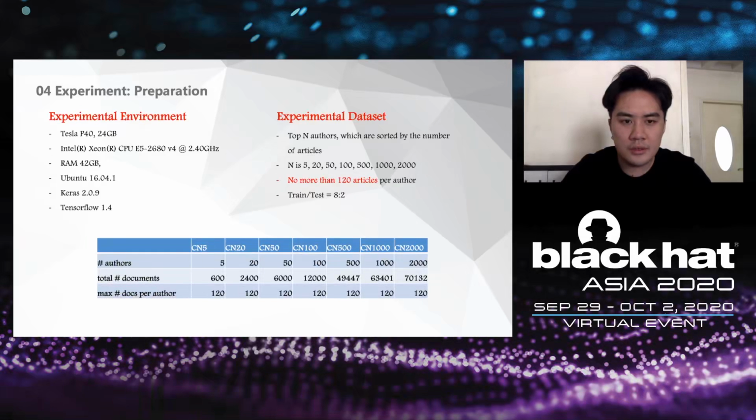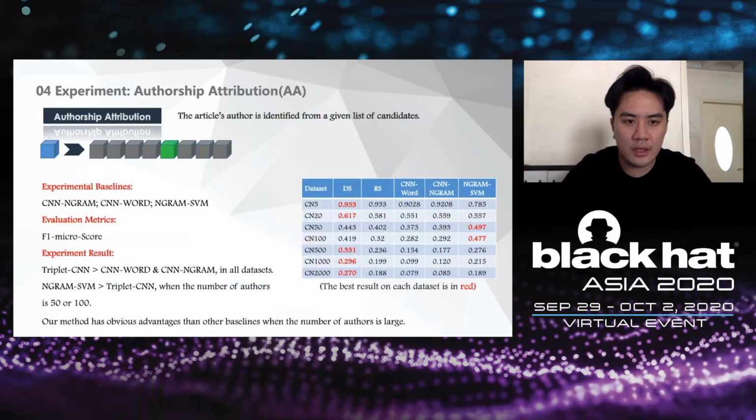For authorship attribution, we compared our model with CNN N-gram, CNN Word, and n-gram SVM by measuring the F1 score. DS here stands for the triplet SNN model trained by dynamic selection, and RS means trained by random selection, of course.